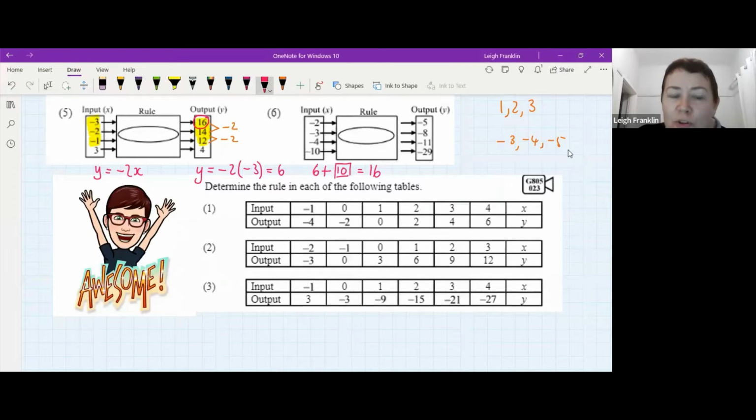So now, do you think you can tell me what the rule is? 10, ma'am. Okay, the rule is take your input and times it first by negative 2. All right, and then after that, you need to add 10. 10, that's it. Okay.